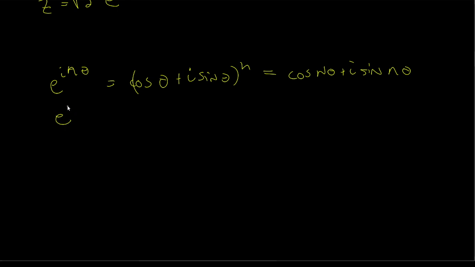Also, if I am adding two angles, I get a multiplication in polar form using our exponential laws. Where this really plays out is if I have some variable to the nth power equals d.